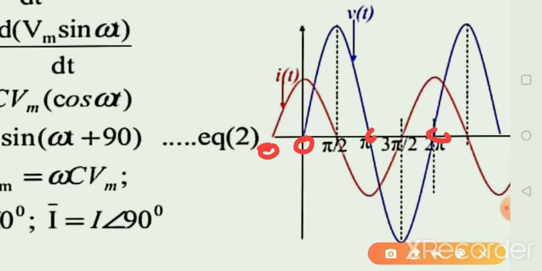At pi by 2 it becomes negative. So the current going to the capacitor already starts before 0 degree, and it reaches maximum at 0. We can say that it started at minus 90 degrees, minus pi by 2, and it leads the voltage by pi by 2.